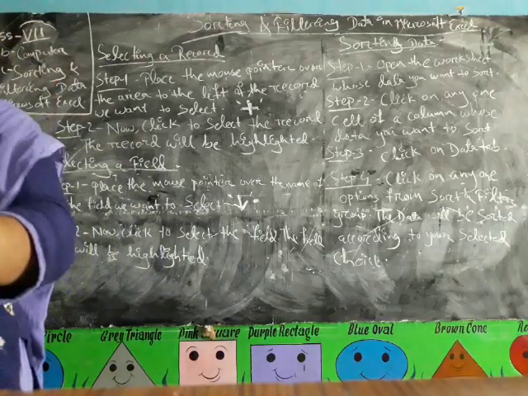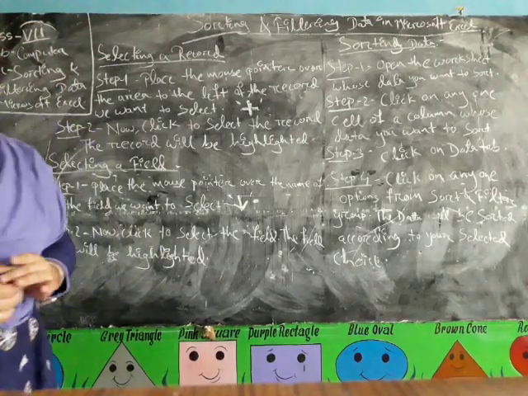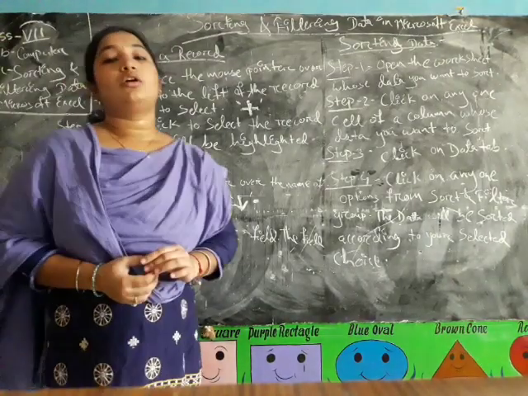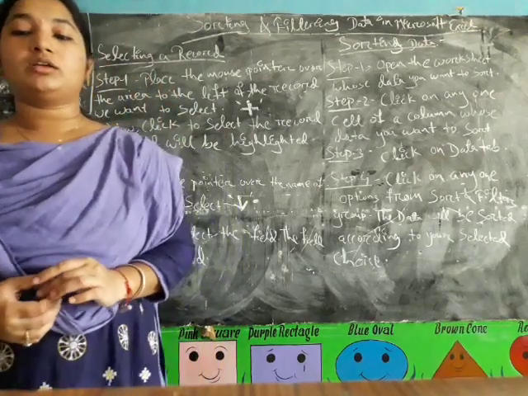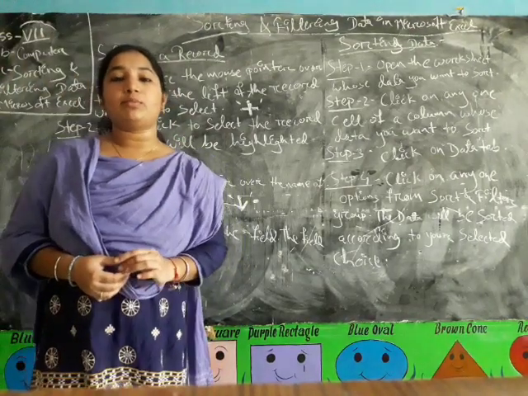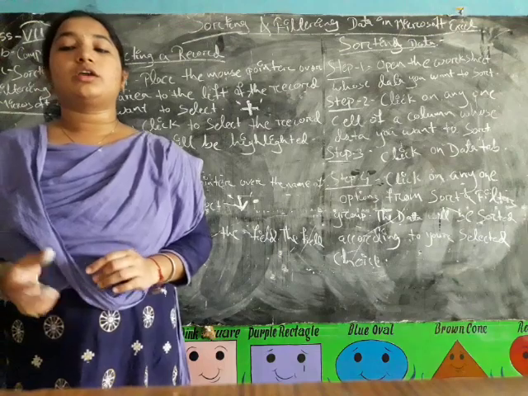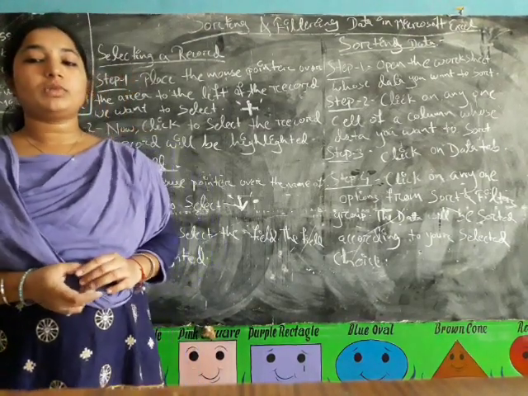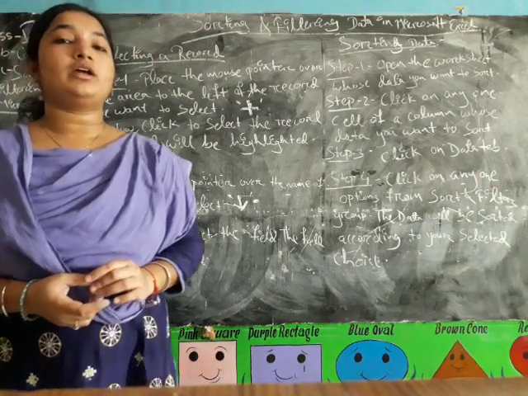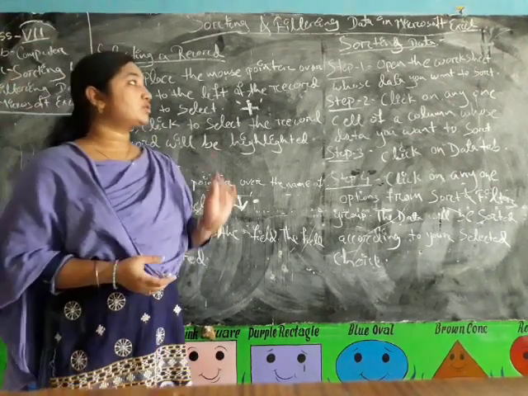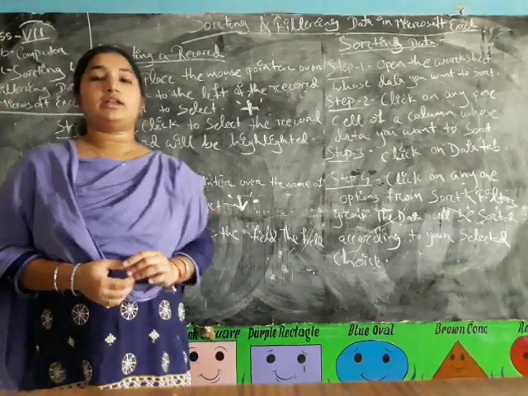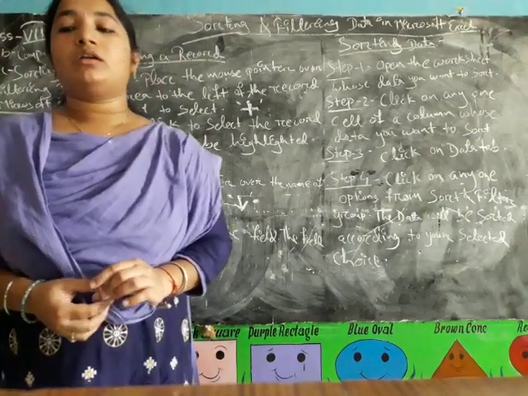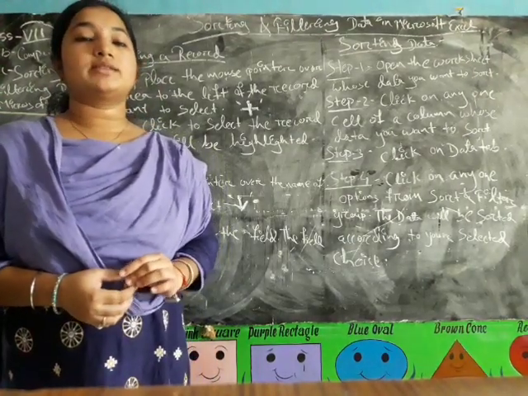After that, we learn about sorting data, means how we can sort the data. Sorting data helps us to rearrange the given data in ascending or descending order. With the help of sorting we can find the data easily and perform various tasks.